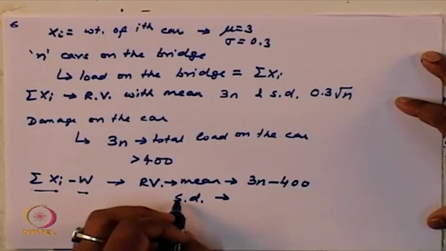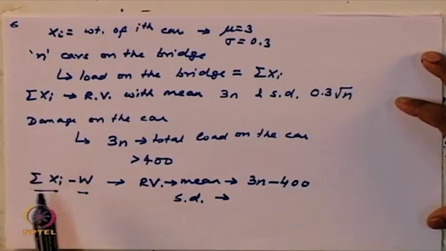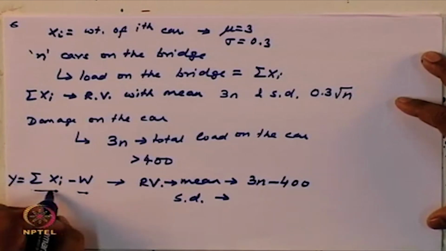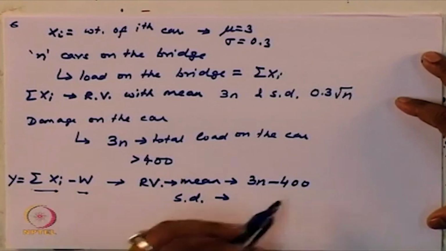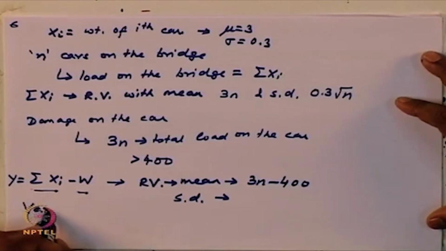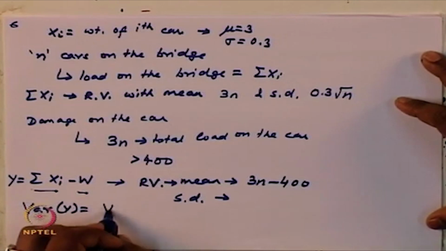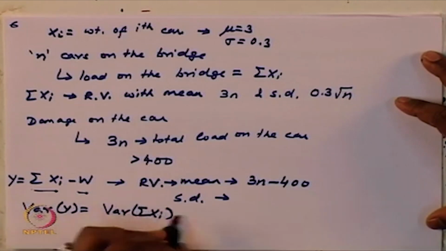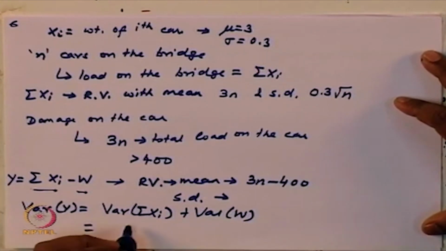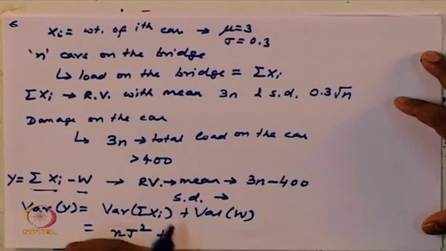Okay. So, how do we calculate the standard deviation here? You have two random variables. So, you define a random variable, let us say y, as summation of xi minus w. Okay. Mean is this, and since these two are independent of each other, your variance of y will be variance of summation xi plus variance of w, and variance of summation xi is nothing but n times sigma square, and variance of w is whatever has been given to you, which is 40 tons.